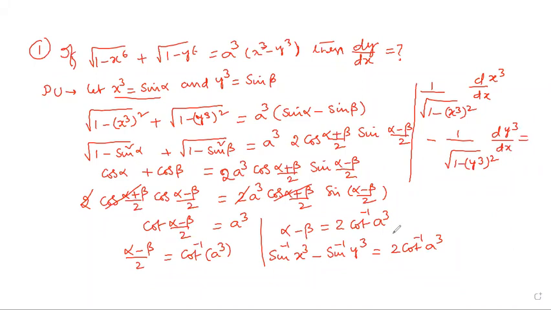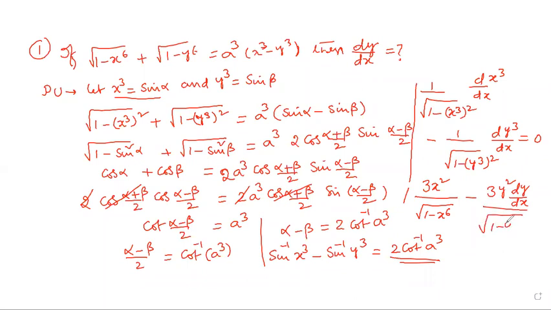Right side, 2 cot inverse a cube is a constant, derivative is 0. Okay? Now write down the simplification, we get the answer. 3x square by root over 1 minus x power of 6 minus 3y square, y following the x rules, dy by dx by root over 1 minus y power of 6 is equal to 0.